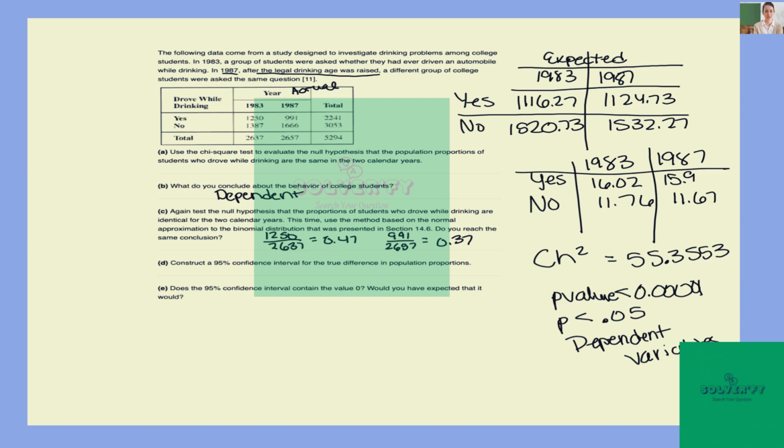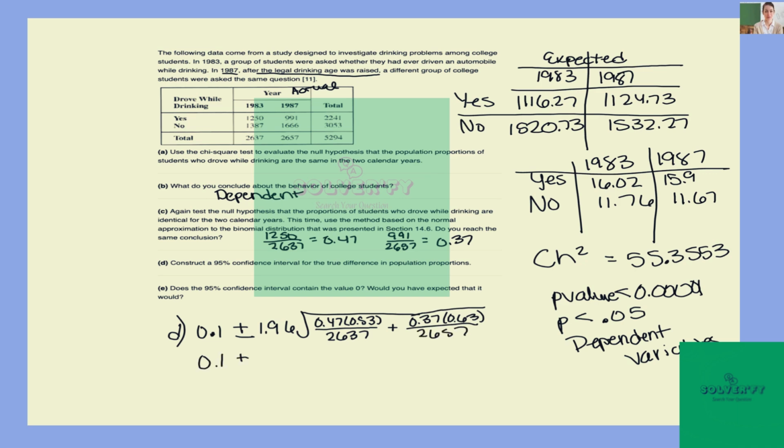So if I do a 95% confidence interval for the true difference of population proportions, this is D. I'm going to take 0.1 because that's the difference between the two, plus or minus 1.96 times the square root of 0.47 times 0.53 divided by 2,637 plus 0.37 times 0.63 divided by 2,657.